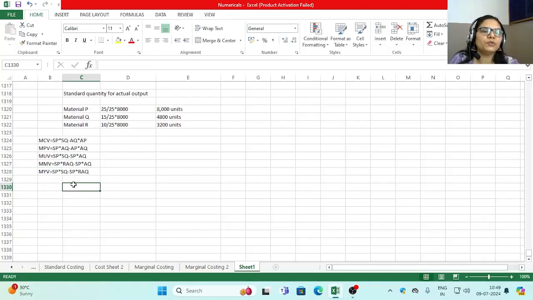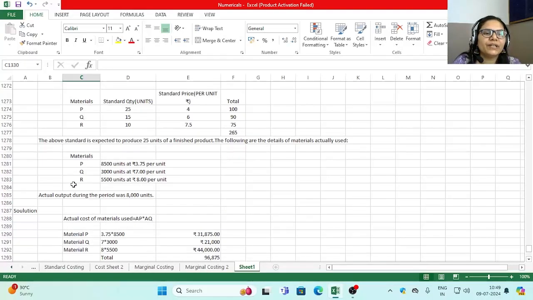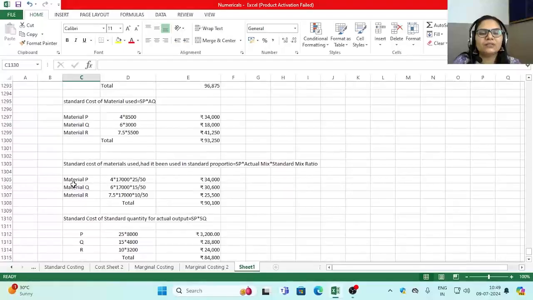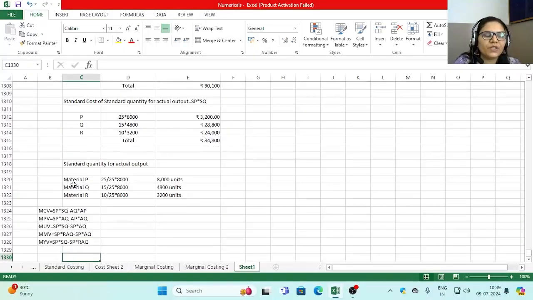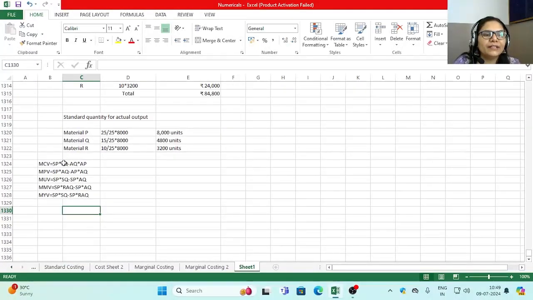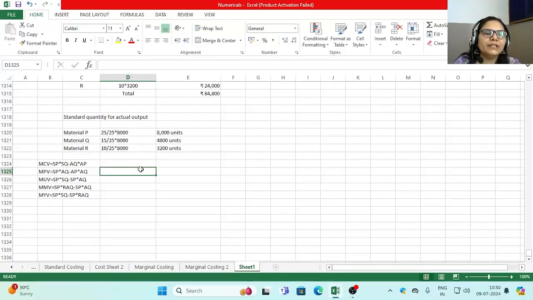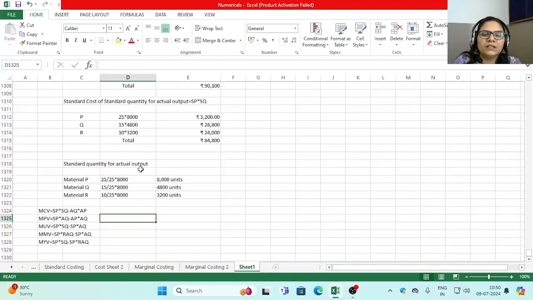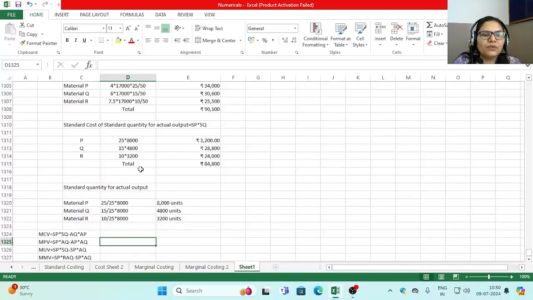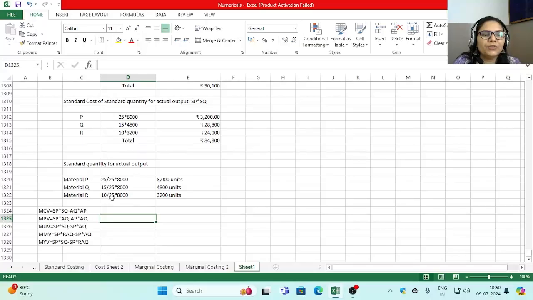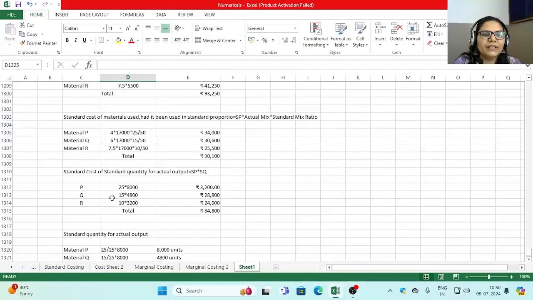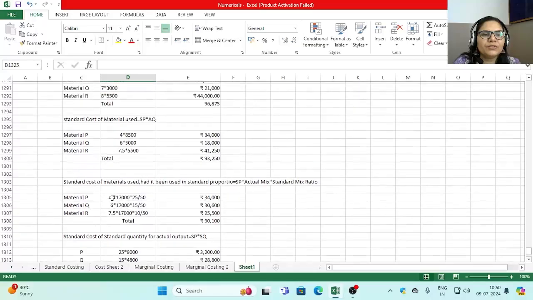So these are the formulas, and for making our calculation easy, we have calculated these particular values first, so that our main task only remains to input the values we have calculated in the formula. So first we calculated AQ into AP.